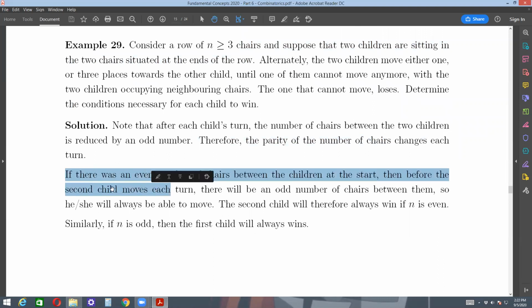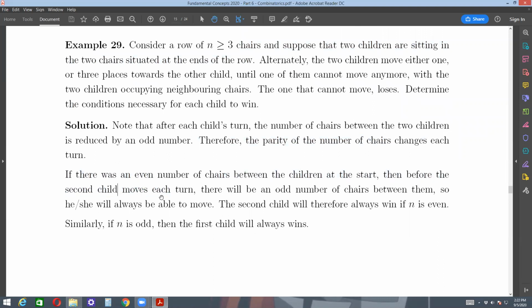So if there was an even number of chairs at the start, then the first person who moves gives you an odd number between them. So before the second child moves, there's always an odd number.